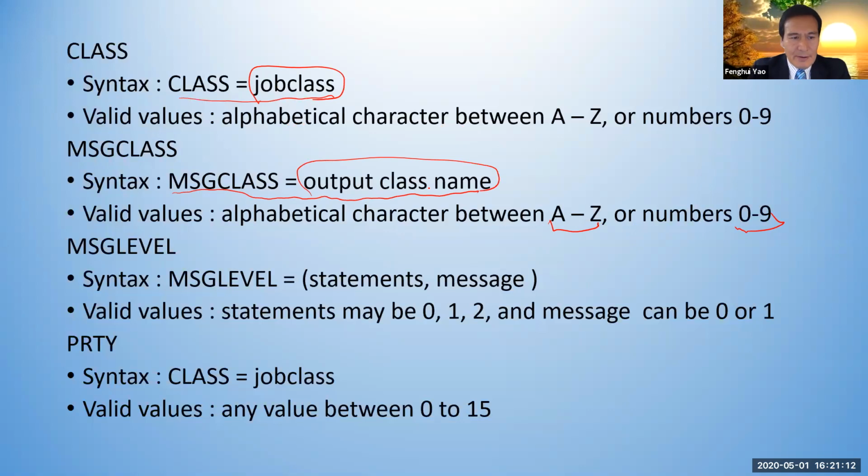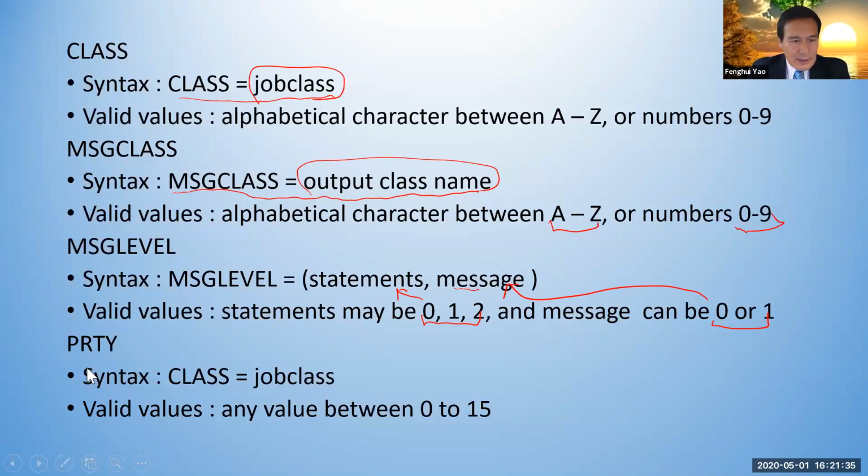And then the message level syntax is MSGLEVEL equals statements, message. The valid value for statements is 0, 1, or 2. And for message, it can be 0 or 1.